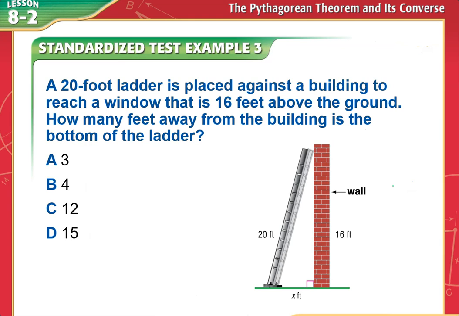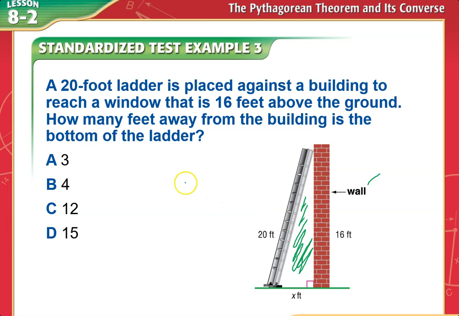Okay, here's an example. This will be the last example. We have a 20-foot ladder placed against a wall, reaching a height of 16. And we'd like to know how many feet away from the building is the bottom of the ladder. Well, if you notice right there, it forms a right triangle.